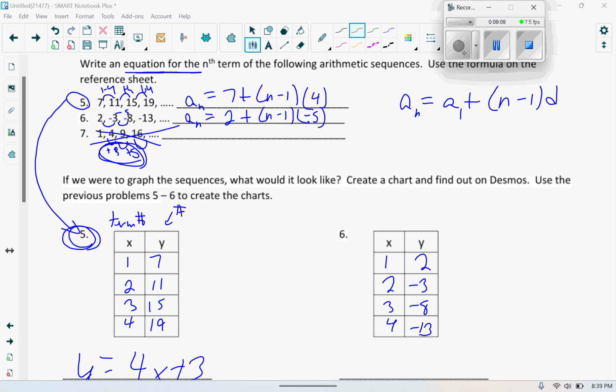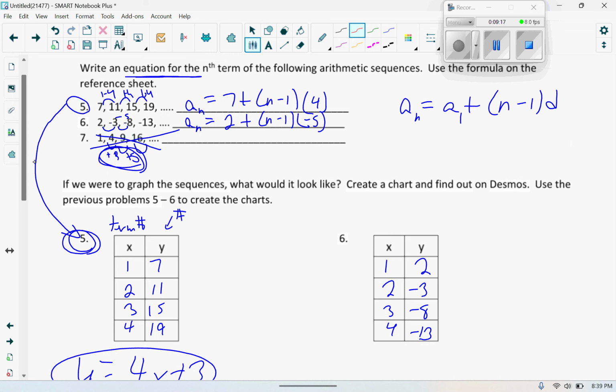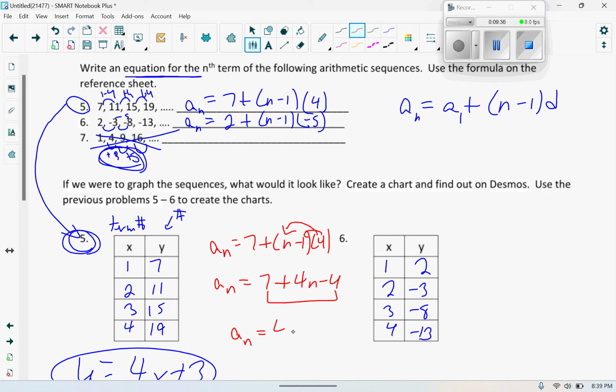Okay, so I told you I would talk more about the connection between the linear equation and the arithmetic sequence equation. So let me show you. For number 5, we said that the arithmetic sequence was this. And if I distributed this 4, I'm going to have 7 plus 4n minus 4. And if I combine these, I have a sub n equals 4n plus 3.